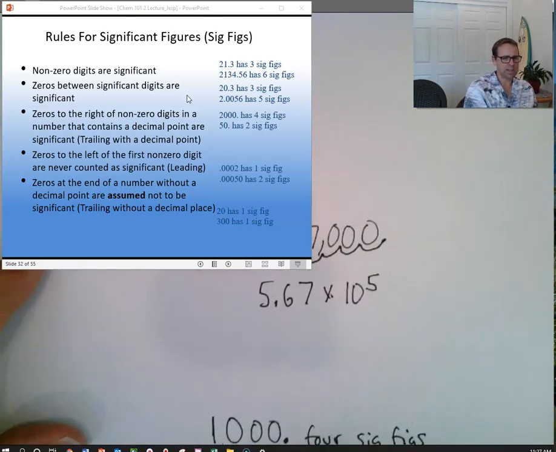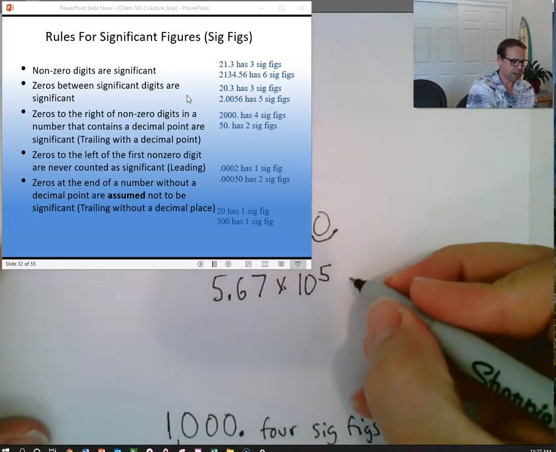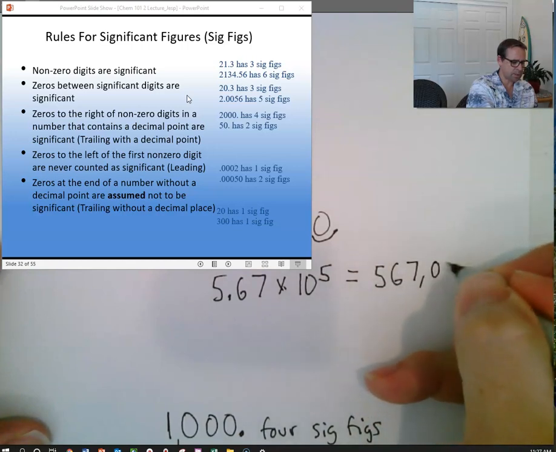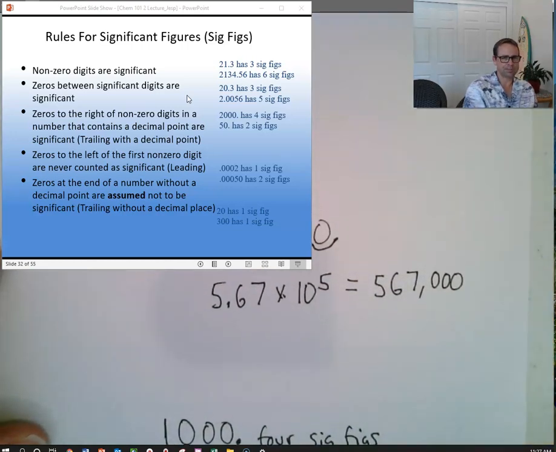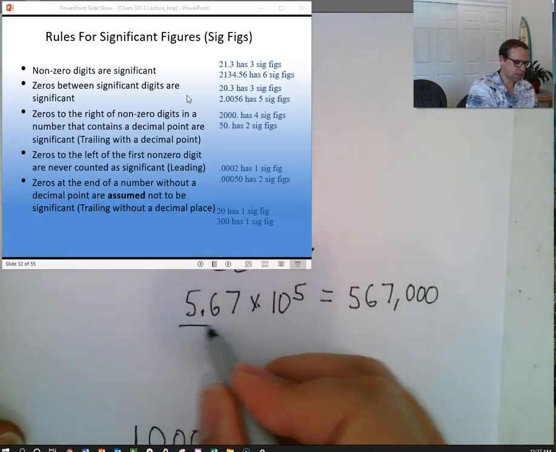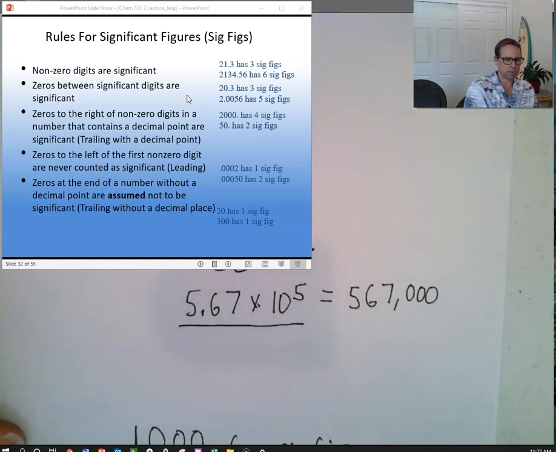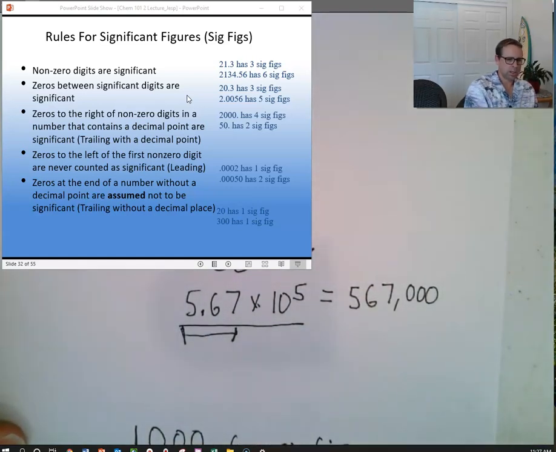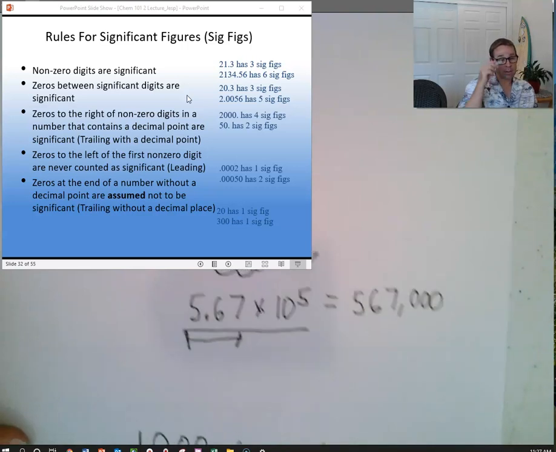So if I take 5.67 times 10 to the 5, that's actually equal to 567,000. All right? So this is called scientific notation. You choose a number between 1 and 10, and you move the decimal place over as the appropriate number to get the value that you're trying to represent.